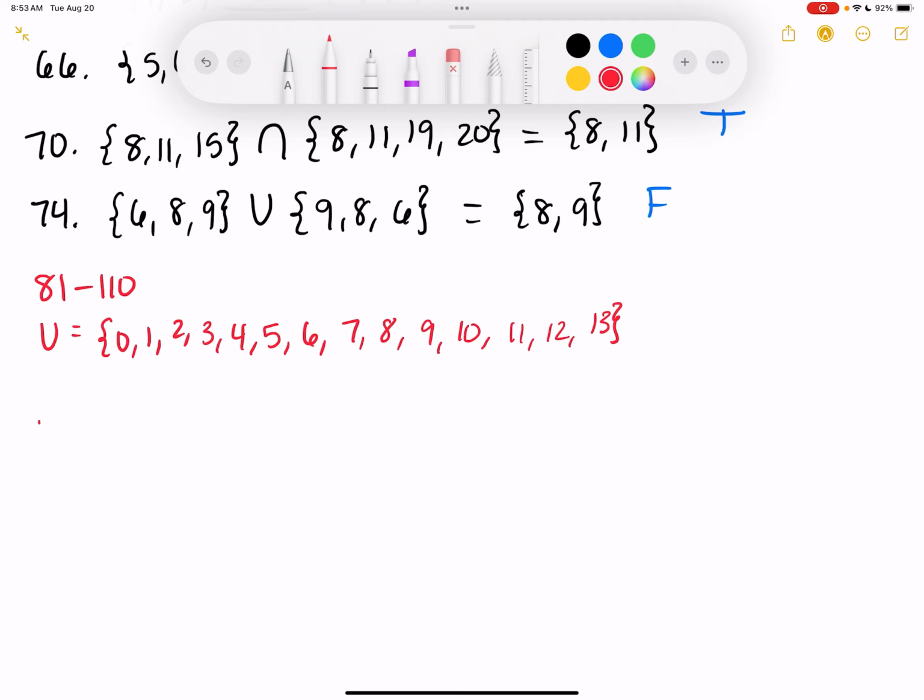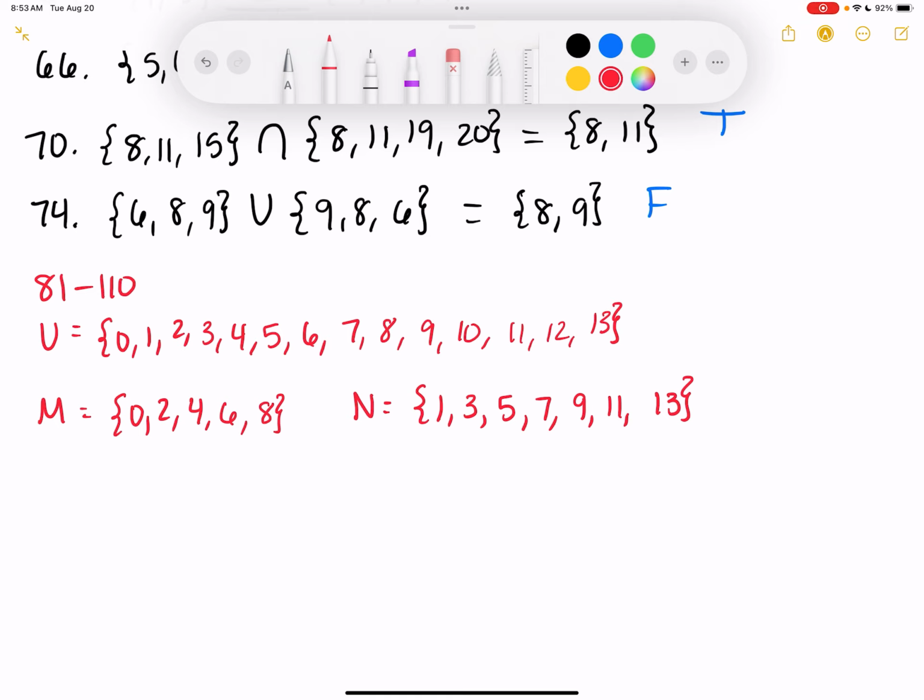Set M is 0, 2, 4, 6, and 8. Set N is 1, 3, 5, 7, 9, 11, and 13.